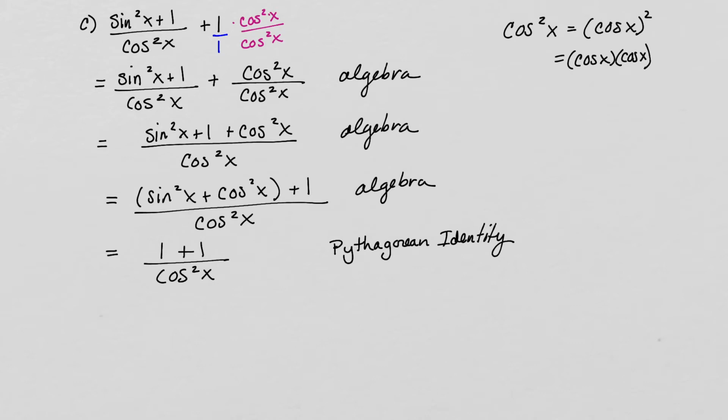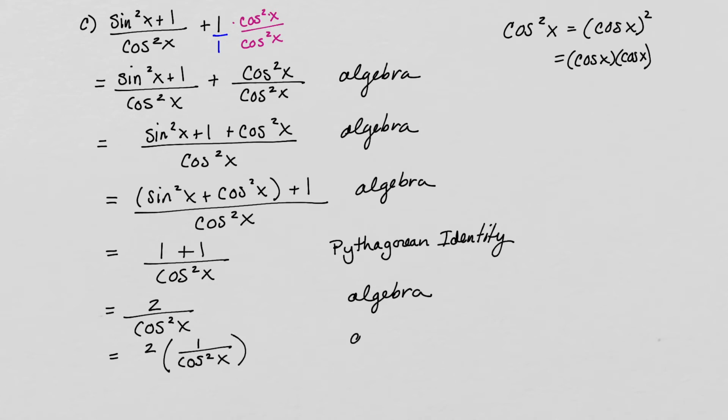And now I can simplify. 1 plus 1 is just 2. So this is 2 over cosine squared x. So again, I just did some algebra. And then I can really think of this as 2 times 1 over cosine squared x.